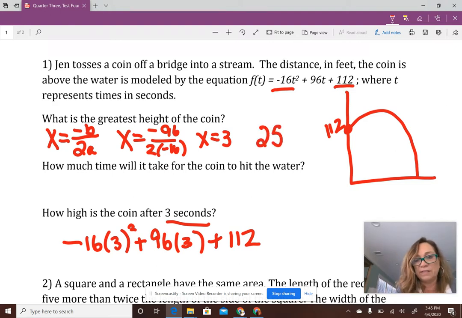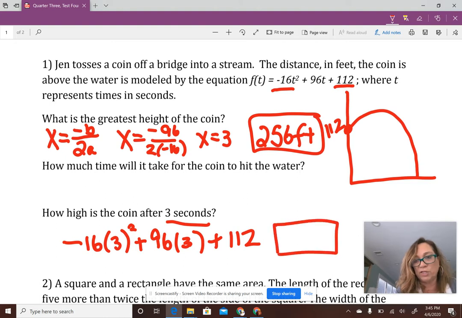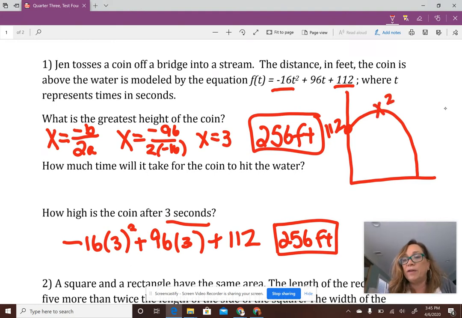So 256 feet, which in this case actually answers both questions. Normally they wouldn't be duplicate, but it doesn't really matter. So basically it's telling me right up here, it's 256 feet. That's called the vertex, similar to absolute values, the turning point vertex, same thing.